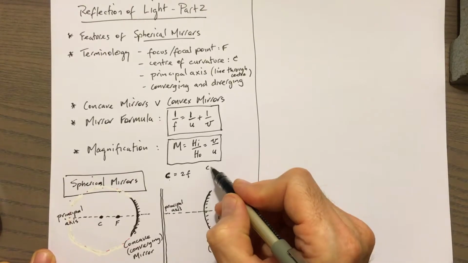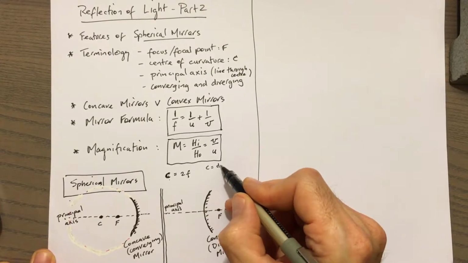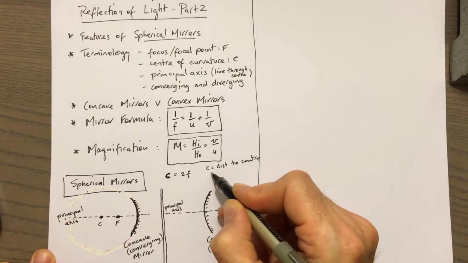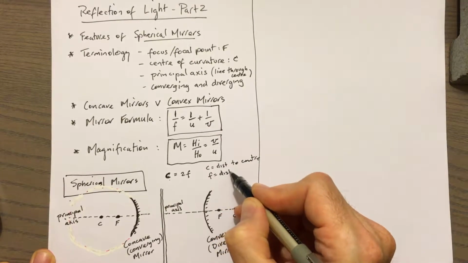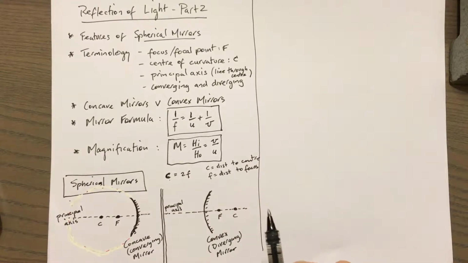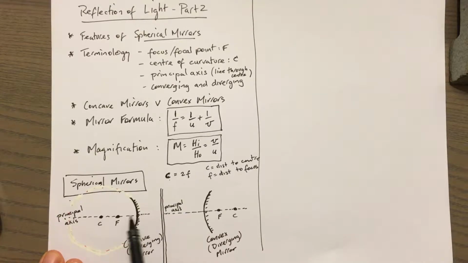So c is the distance to the center, and little f is the distance to the focus from the mirror. Right, so we have a principal axis running through the center of curvature to the mirror.